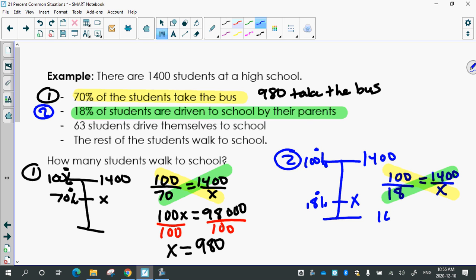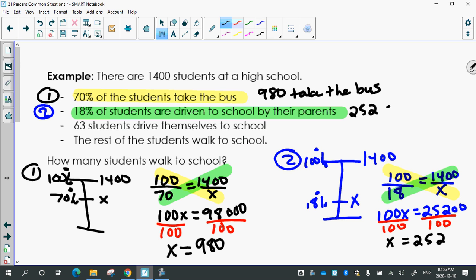So that's going to give me 100x equals. And if I divide by 100, I get 252. So that means 252 are driven by their parents.